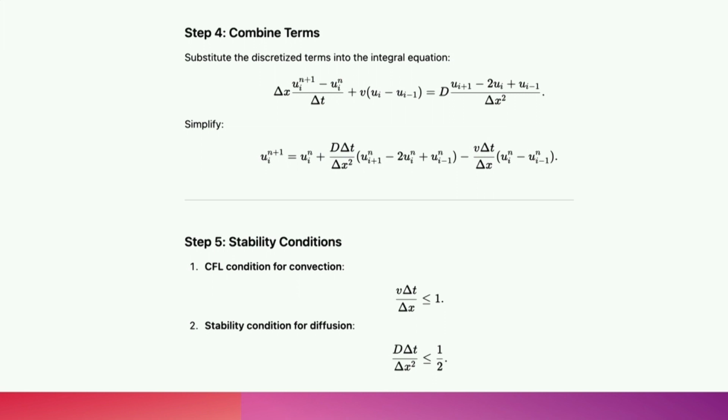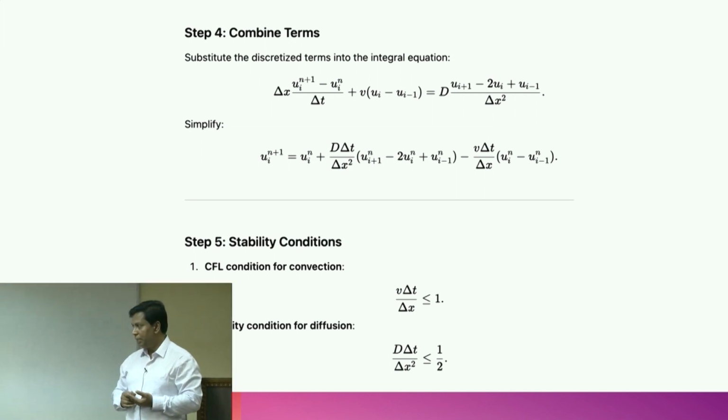Now, here we have two stability conditions. The CFL condition for convection, as I told you before, involves the velocity, time step and the control volume length. These three are very correlated and the combination should be less than or equal to 1.